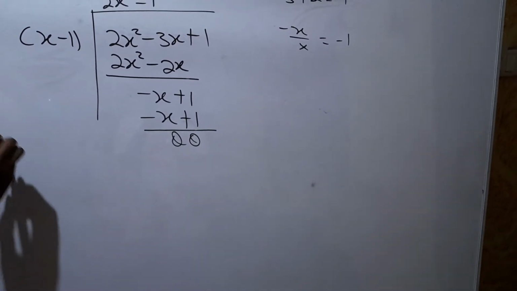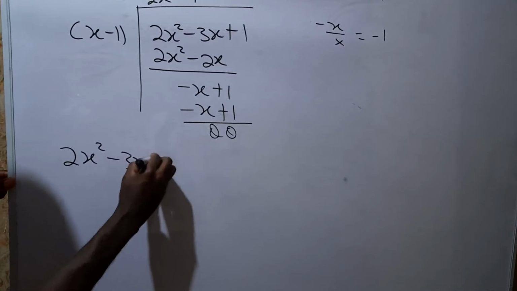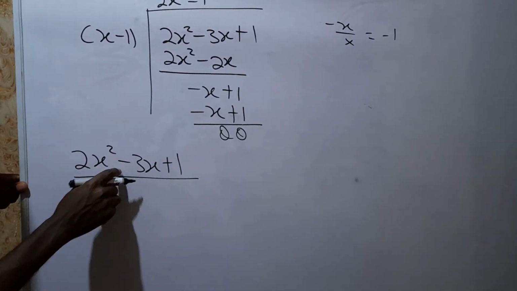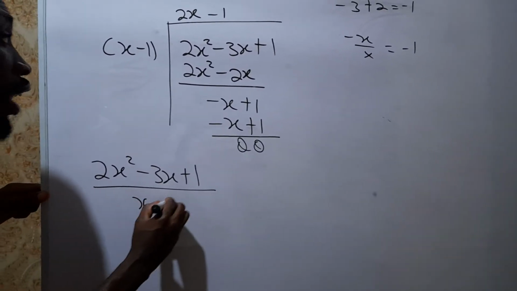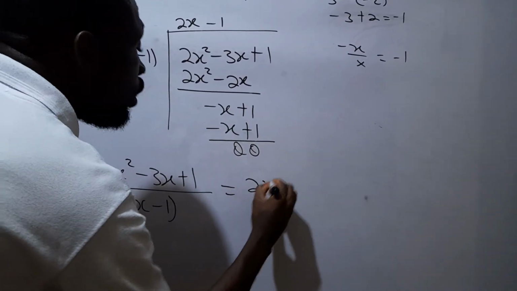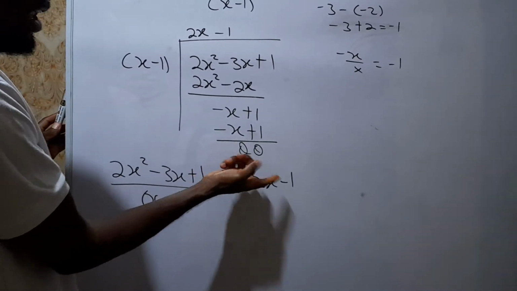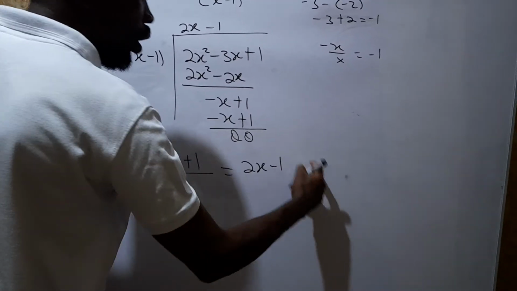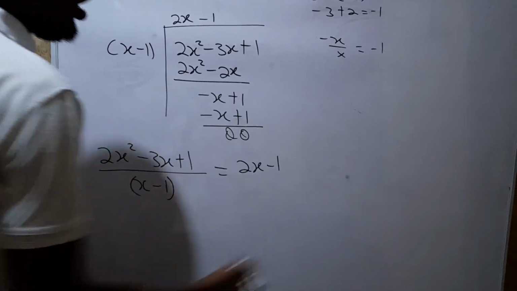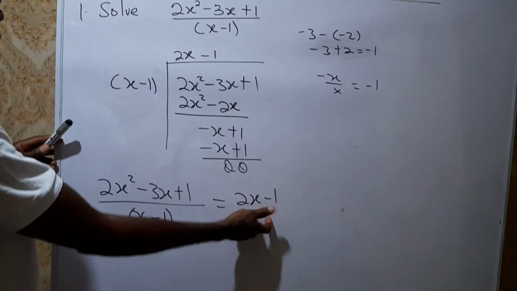So we can say that 2s squared minus 3s plus 1, which is the dividend, divided by the divisor s minus 1 will be equal to 2s minus 1, which is the quotient. Remember, the remainder here is 0. So if we bring the remainder over the divisor, it's still 0. So if this is divided by this, that will be the result.